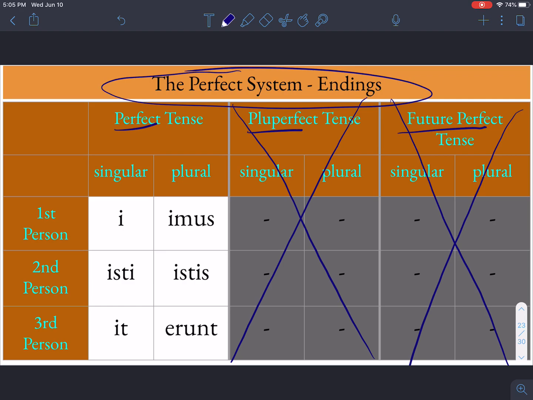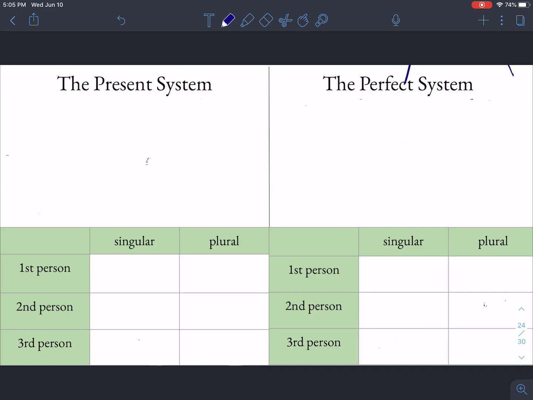Now, let's see what this means in action. The present system. As we said before, the present system includes the present, the imperfect, and the future. So this is a step-by-step on how to conjugate a verb in either the present tense, the imperfect tense, or the future tense.